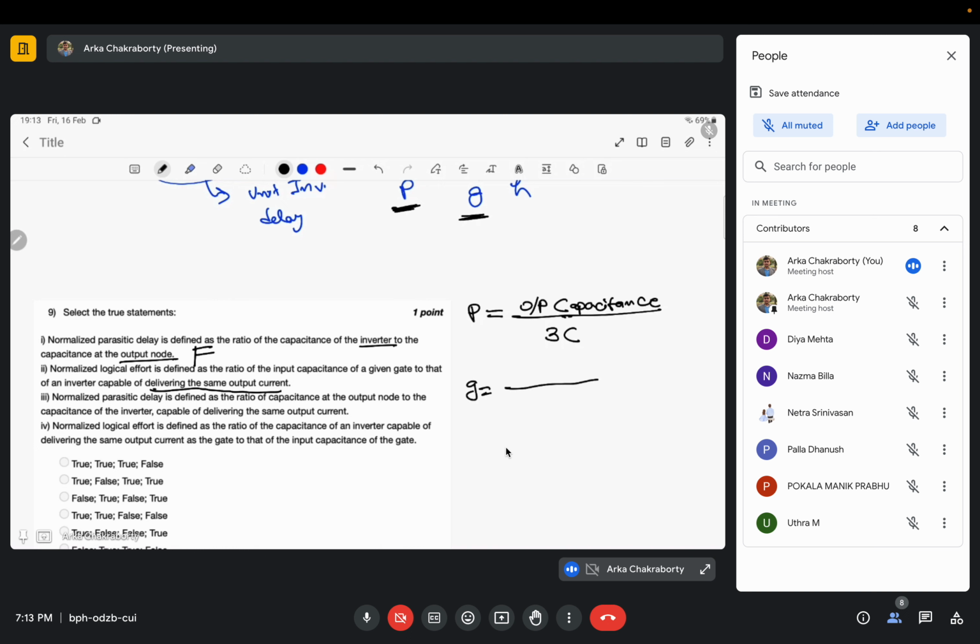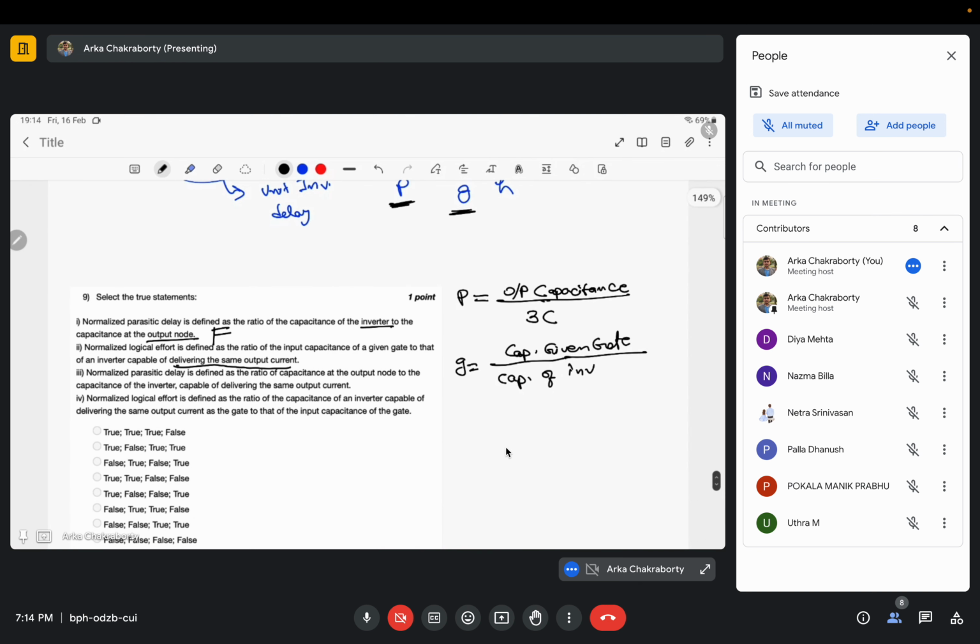So the statement says it is the capacitance of a given gate by the capacitance of an inverter capable of driving the same amount of output current. It is not saying a unit inverter, it is saying an inverter which is capable of delivering the same amount of output current.